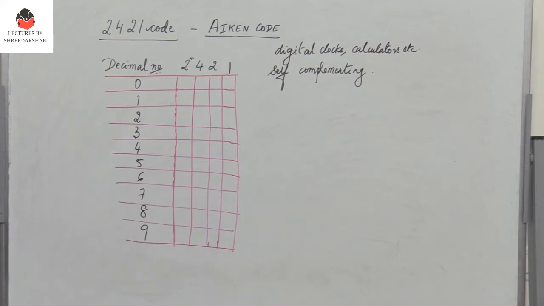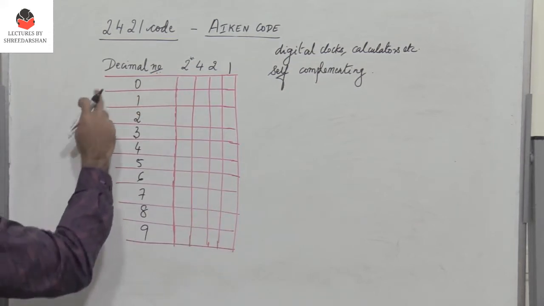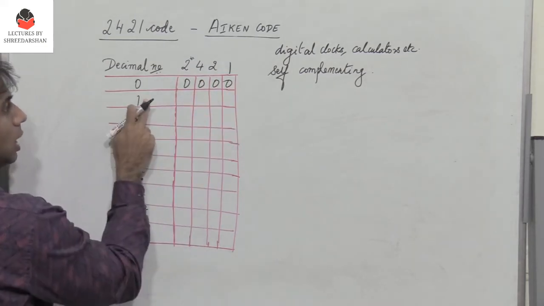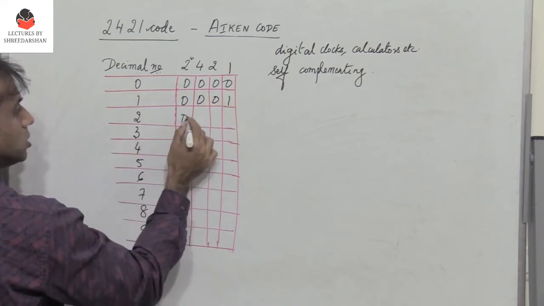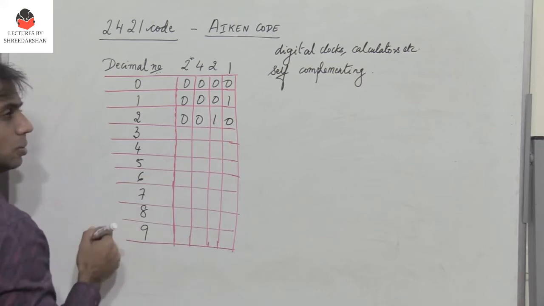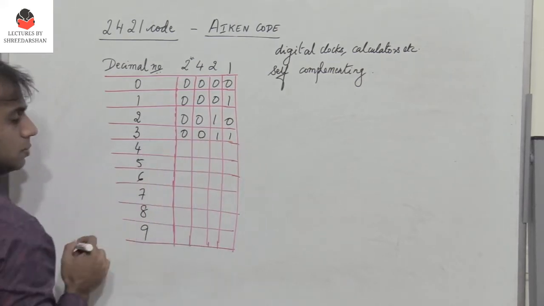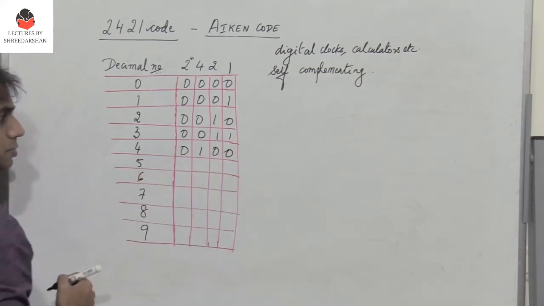Let us see. Now here, let me try to fill in this table. Decimal 0 is going to be 0, 0, 0, 0, and 1 can be written as 0, 0, 0, 1. 2 is of course 0, 0, 1, 0. 3 is 0, 0, 1, 1. And 4 is 0, 1, 0, 0.